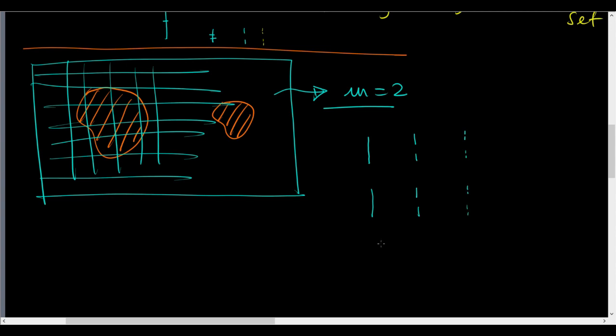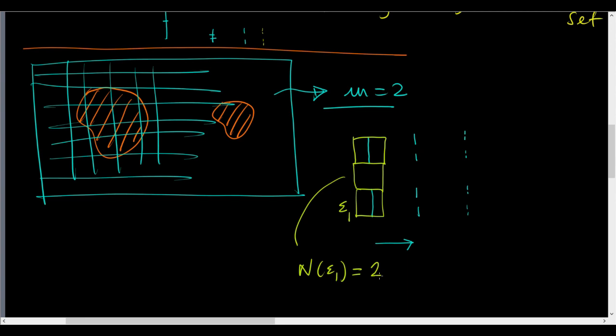So we are constructing the Cantor set. Let us be a bit clever and choose this as the first epsilon, and what we are getting is n of epsilon 1 is equal to 2.